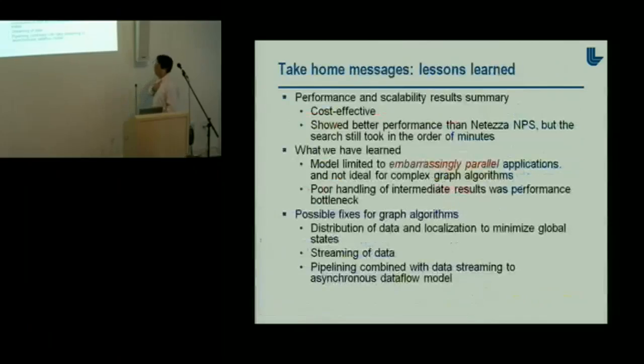However, we learned that this type of programming model is too limited. It's better suited for embarrassingly parallel types of applications, but not necessarily graph applications. It could be just an implementation issue, but the way it handles intermediate results is really bad.